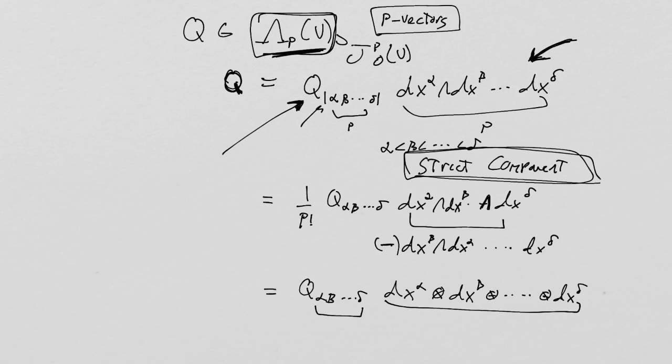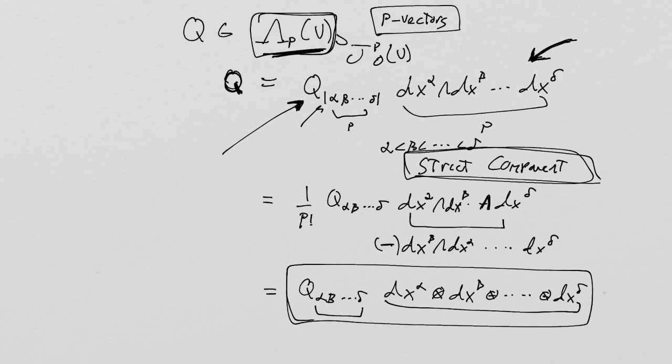And we'll talk a little bit more about that in the next lecture, because we're going to talk about the transformation of the strict components. And that transformation property is not the usual tensor transformation property. And it shouldn't be, because the usual tensor transformation property applies to this guy. This guy will always transform like a normal tensor, like we learned about many lectures ago.